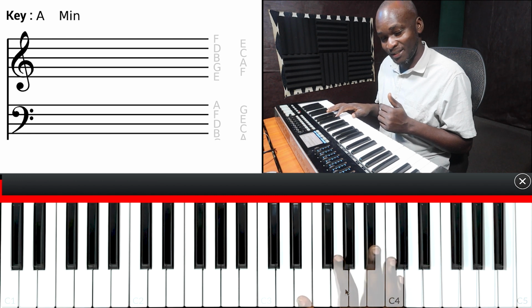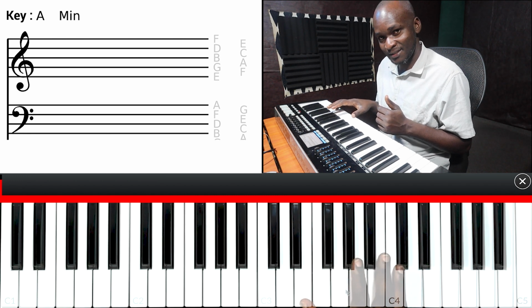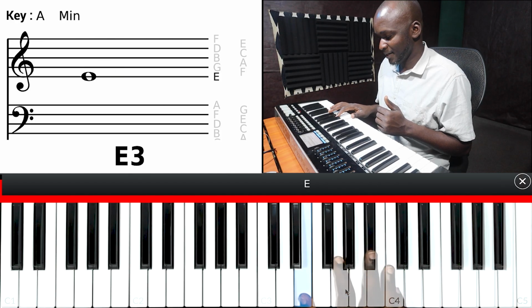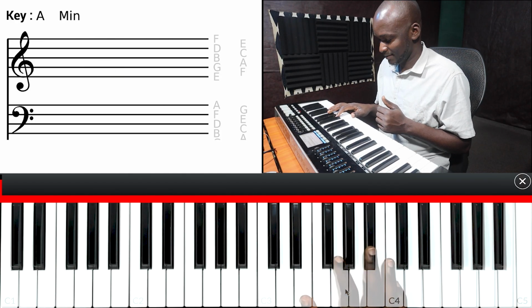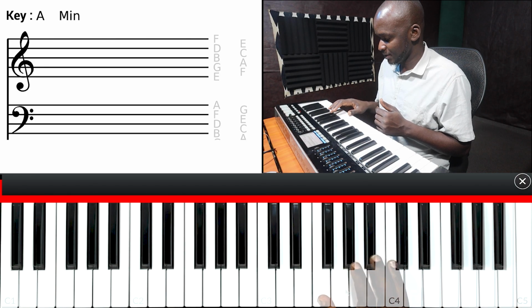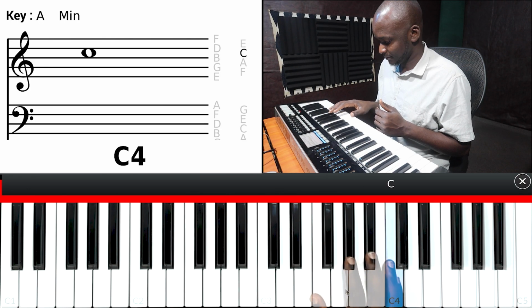So if you look at it in terms of intervals, it has a minor sixth and a minor third. Minor sixth has 8 semitones, I think. 0, 1, 2, 3, 4, 5, 6, 7, 8.